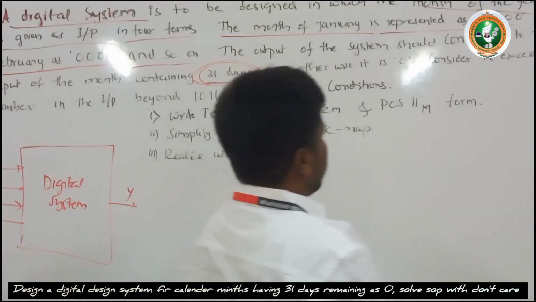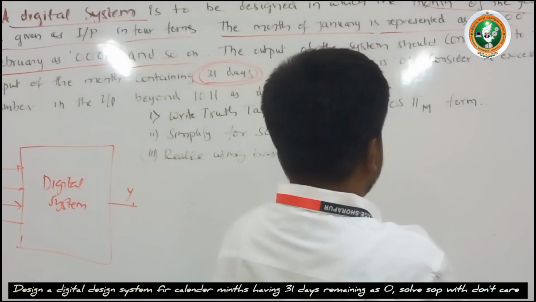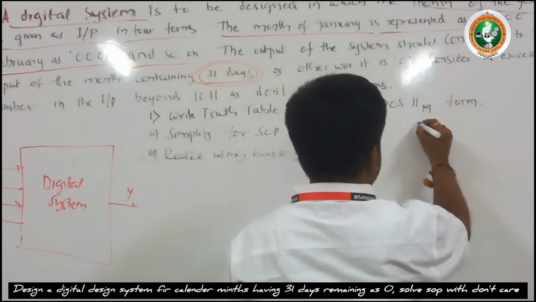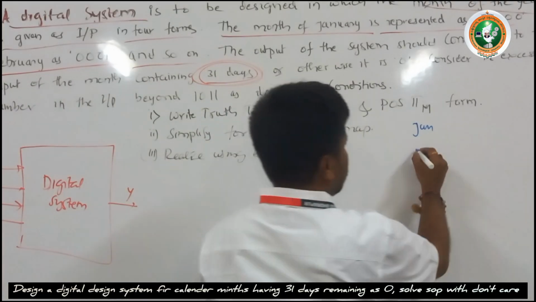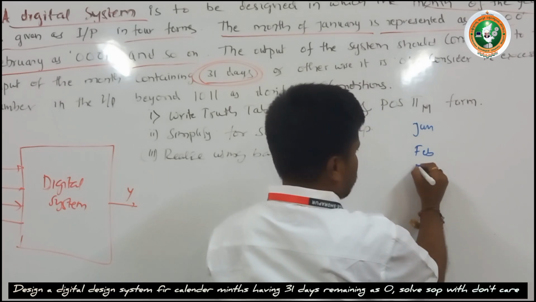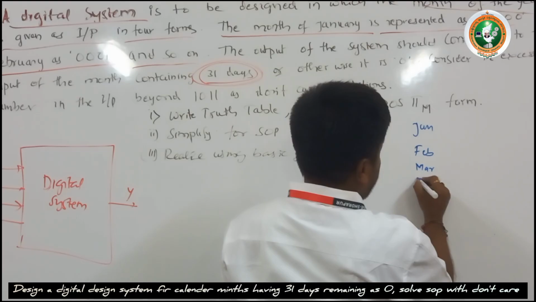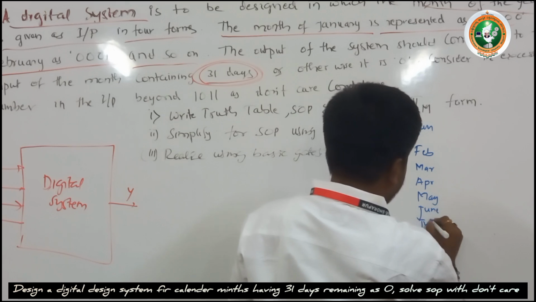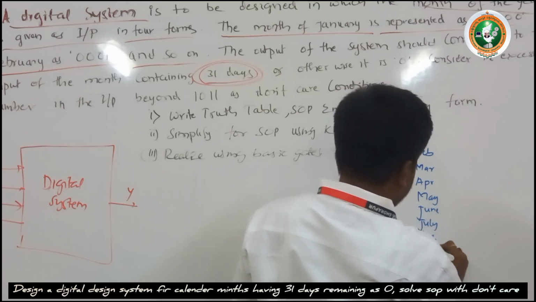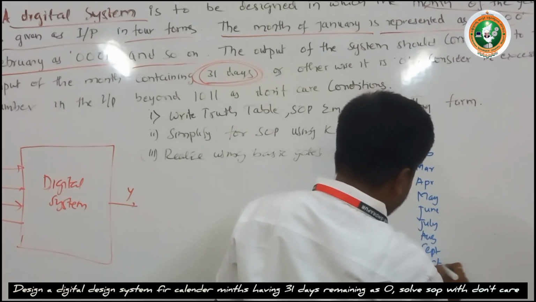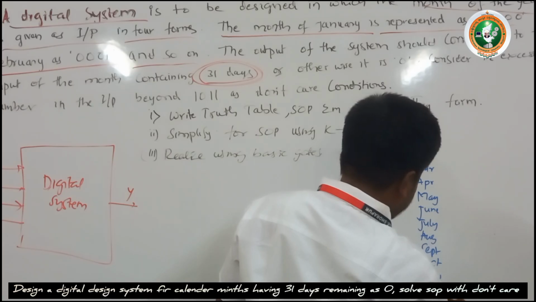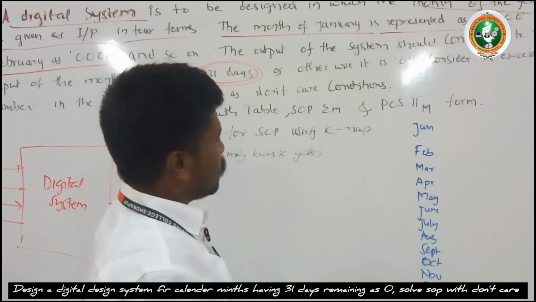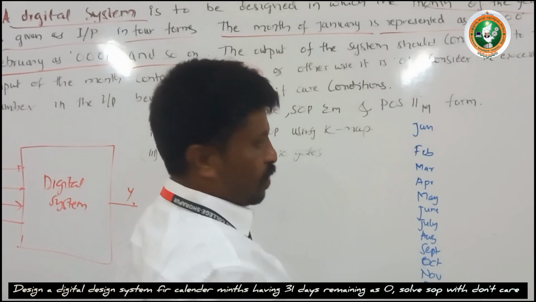I have to write the 12 months: the first is January, Feb is the second, then March, April, May, June, July, August, September, October, November, December. The remaining input combinations are considered as don't cares.